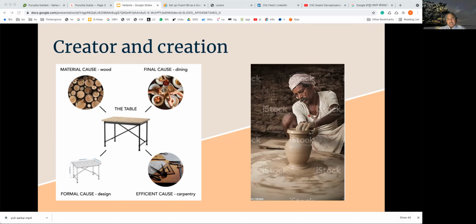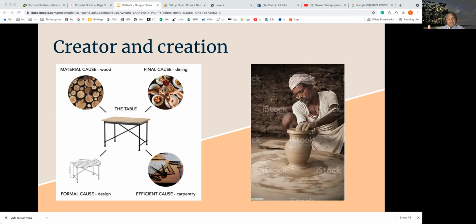He is using matter. In the case of a carpenter, he is using wood, and he creates a table, and he might create a chair, and he might create a ladder, and he might create a bunch of other things.